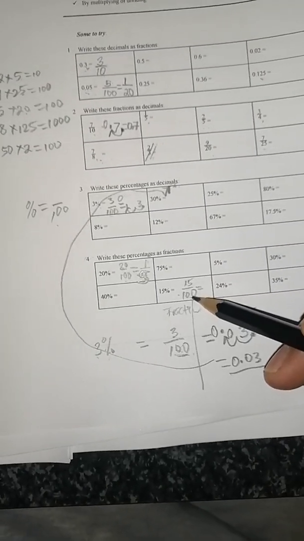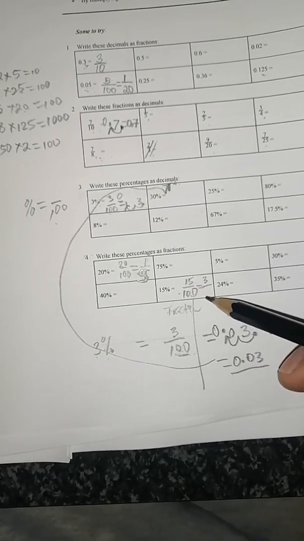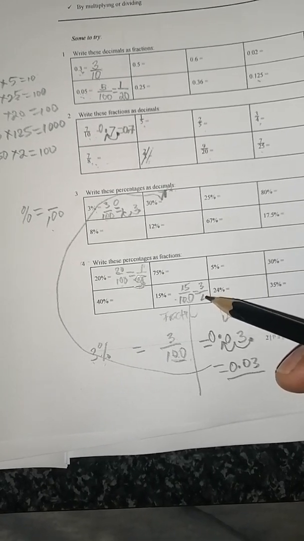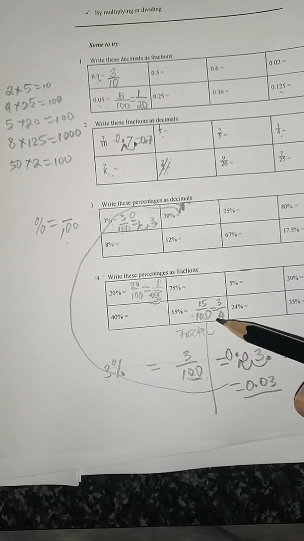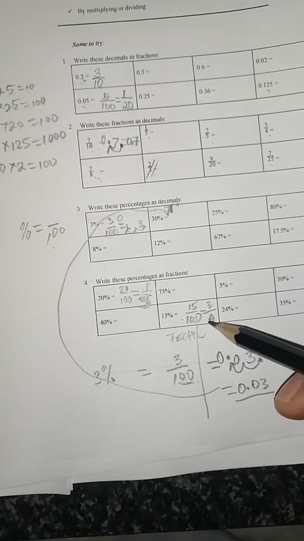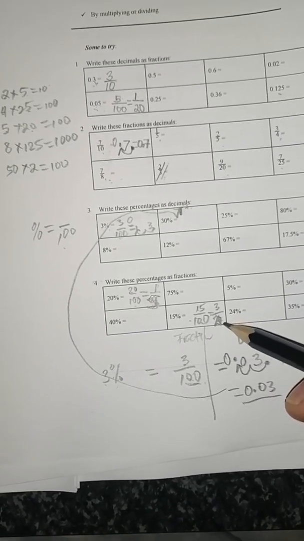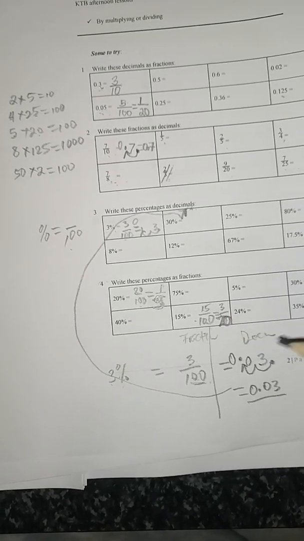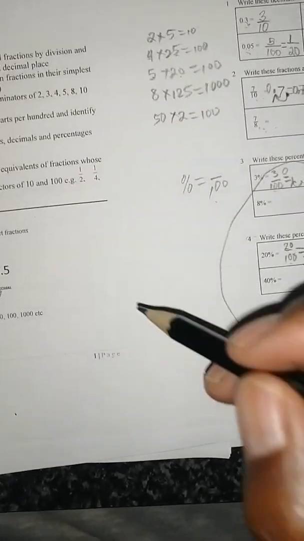It's obviously 5. 5 goes into 15 3 times. 5 goes into 100, I made a mistake there. 5 goes into 100 how many times? 20 times. So that's how it is.